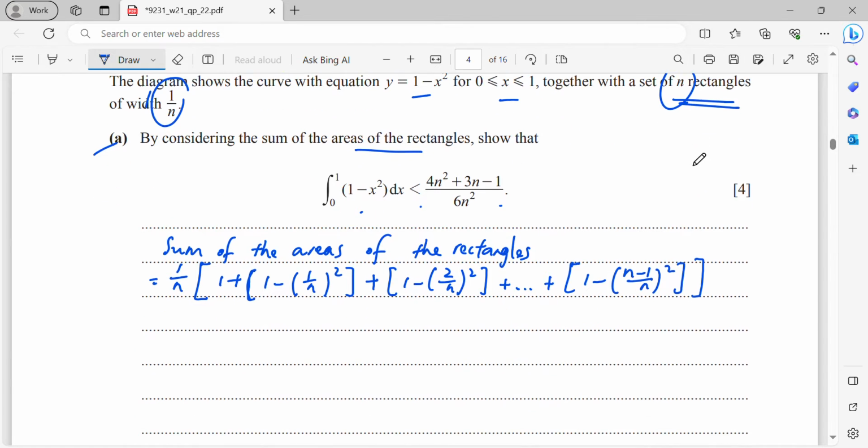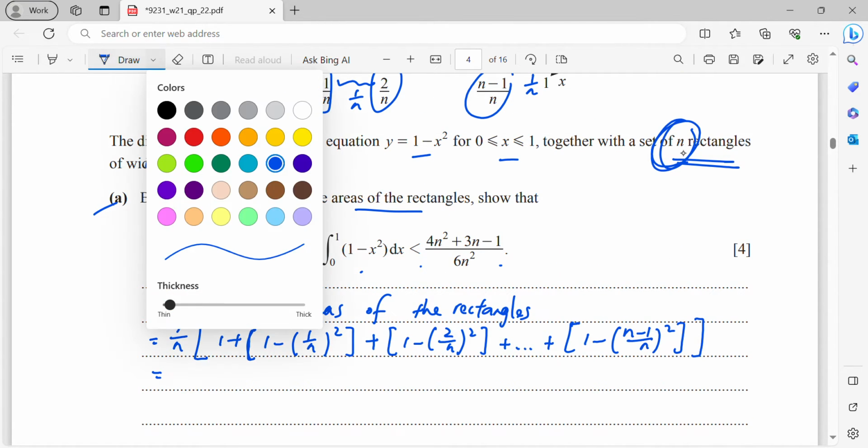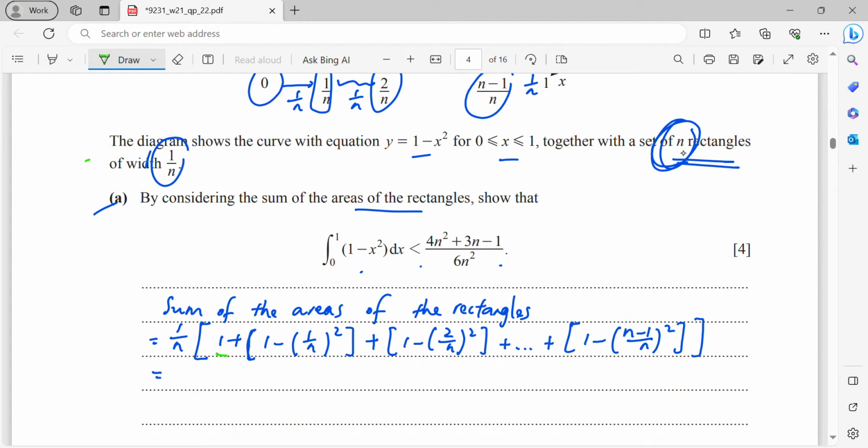Right? So now from here, we know that there are n rectangles in total, which means you are adding this n times. This first time, second time, third time, until n times. In other words, the 1 here is already added n times. So I will say that this is basically 1 over n bracket n times 1.